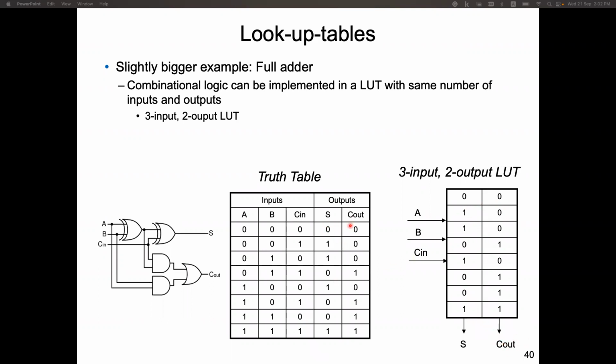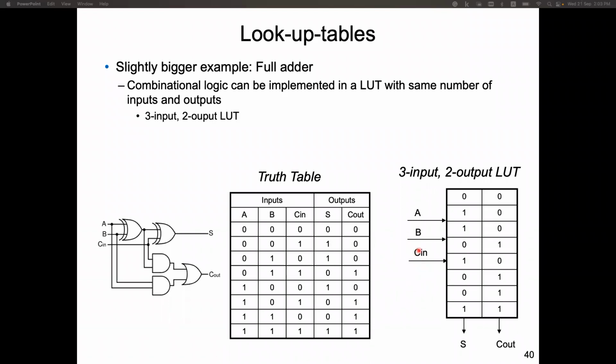So we just write these desired outputs into this memory block, and then use A, B, and carrier in as the address to this memory block. It's a 3-bit address, so there are 2 to the power 3, 8 locations.